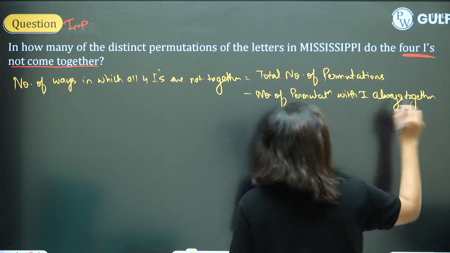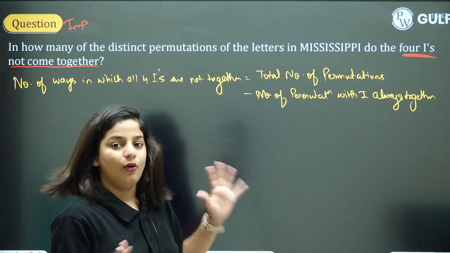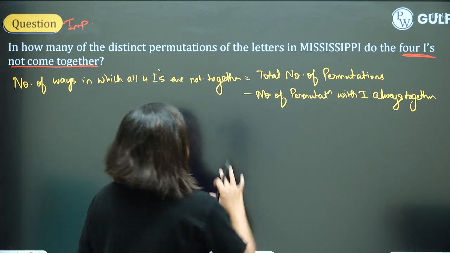Remove the all-I-together cases from the total, and you will get the all-I-never-together case.